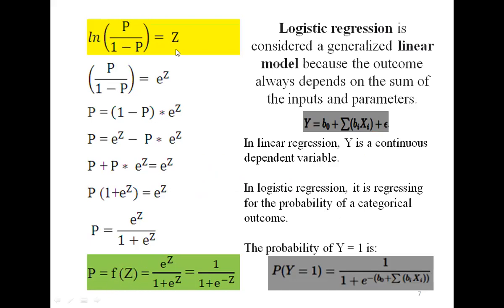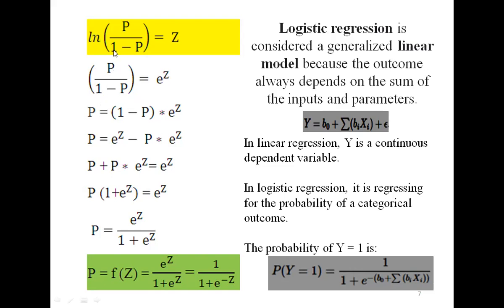Z is the regression specification, where we had the intercept, the coefficients, all the independent variables, and the error term. The probability is a function of Z. Then if we take this log out, we have P upon 1 minus P equal to e to the power Z, right?